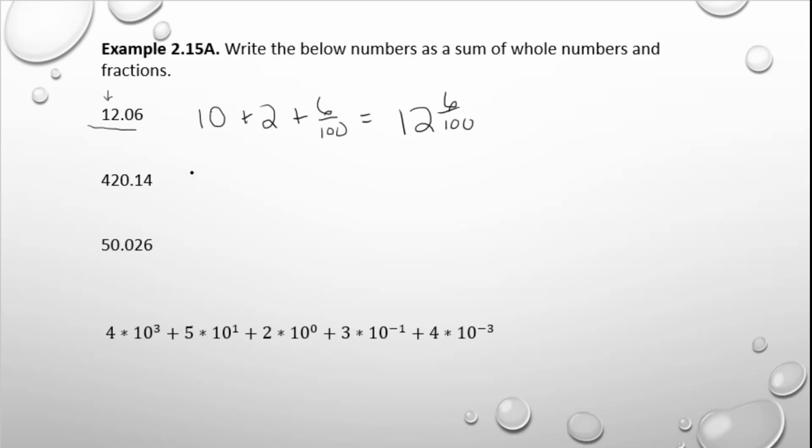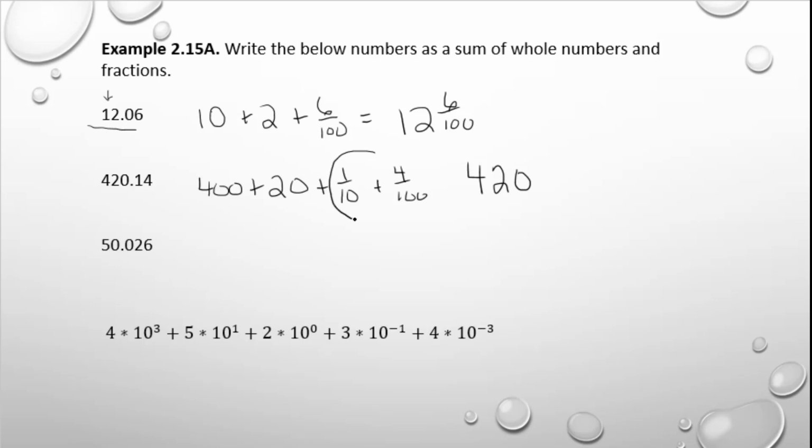So this one here I have the 4 is a 400. And there's 2 tens, which is a 20. I have 1 tenth. And I have 4 hundredths. So this is 420. And how do I write this?